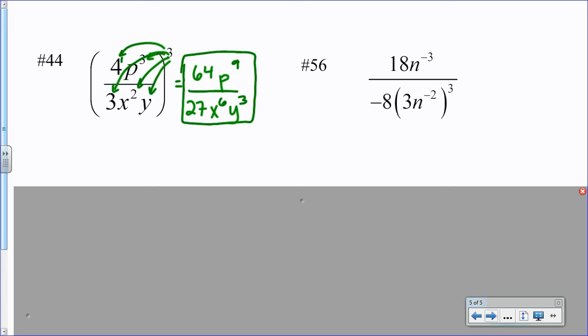Okay, on this one, some of you, again, you might want to reduce your 18 over negative 8 first. You can do that. I always wait to do those till the end. I want to get rid of my parentheses. That's what I want to do first. So I have to distribute the 3 to the 3 and the n.